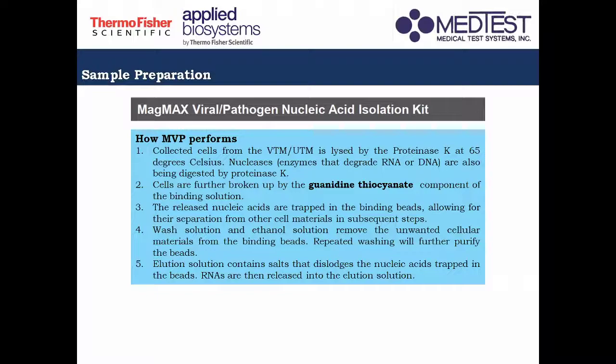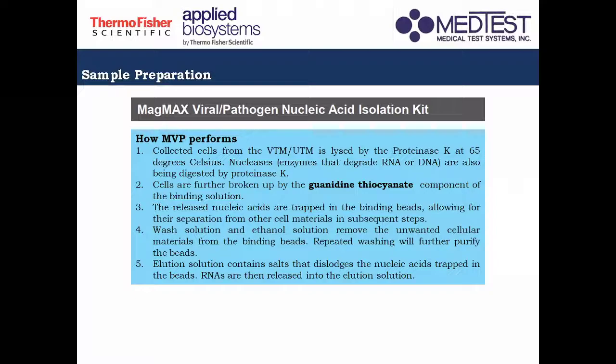So ang binding beads, pwede mo na siyang ihiwalay from the other cellular materials. So since these beads are magnetized, you can use a magnet so that you can just separate the beads and the RNA from the cellular materials.